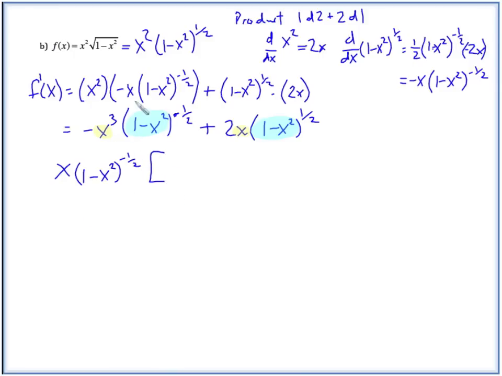And what are we left with? Well, in this term, we're still going to have a negative x squared. And notice this factor is exactly the same. So that's just 1, and we don't need to write it. So we'll just leave negative x squared. And then plus, well, we factored out the x, so we have 2. And here, we factored out a negative 1/2 from the 1/2. So the way we do that is we subtract the exponent of whatever we factored out.